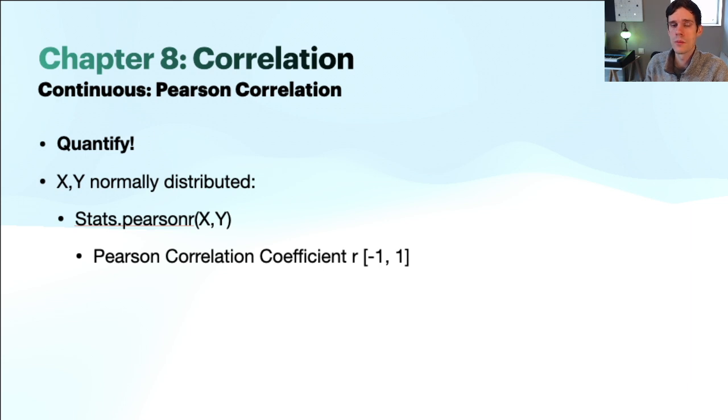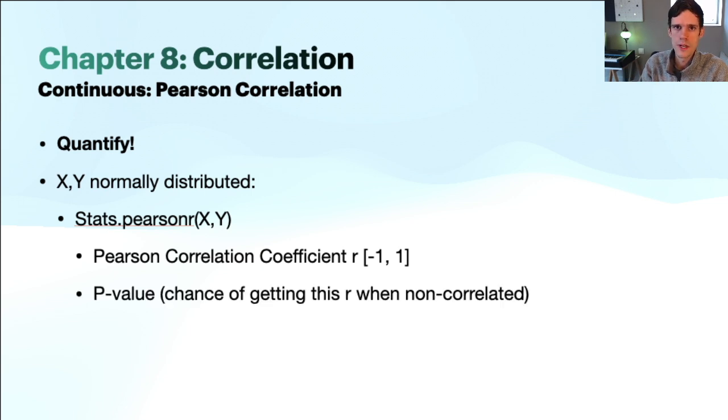Now this is a number between -1, which indicates a perfect negative correlation, and +1, which indicates a perfect positive correlation. Now what most people forget is that this function also returns a p-value, and this is incredibly important in addition to just this Pearson R number. And this p-value represents the likelihood of getting the specific correlation number r that we got for our two datasets under the null hypothesis.